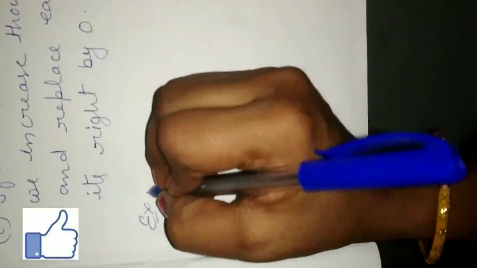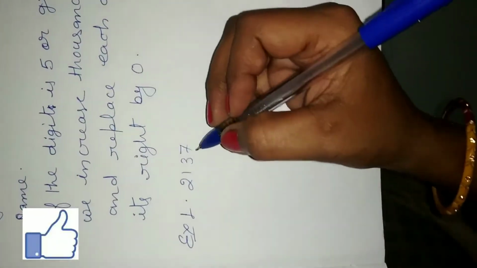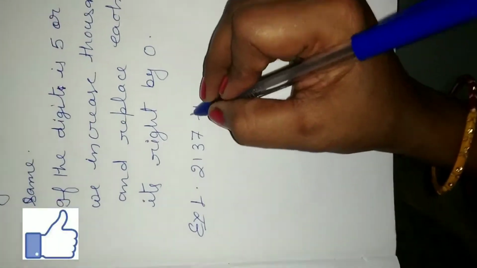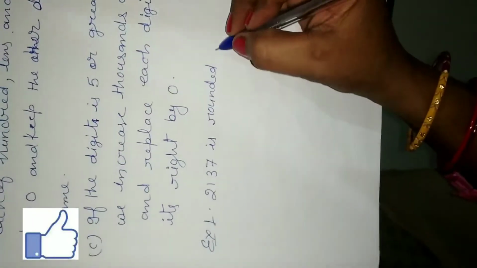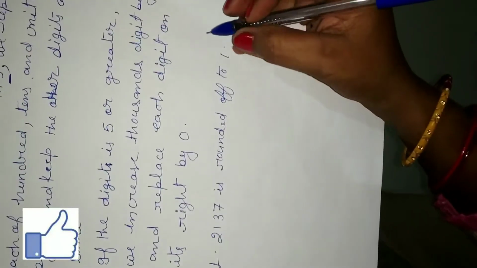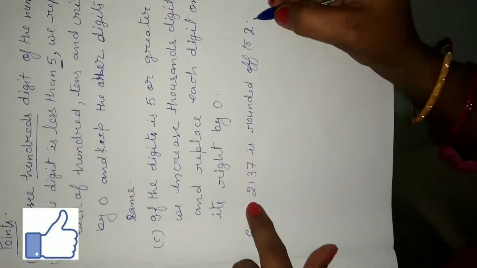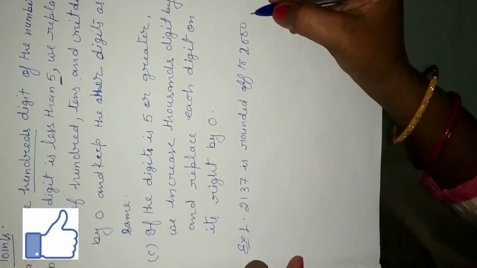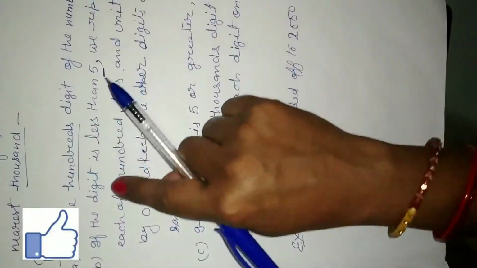Example: 2137 is rounded off to 2000. So we see the hundreds digit.